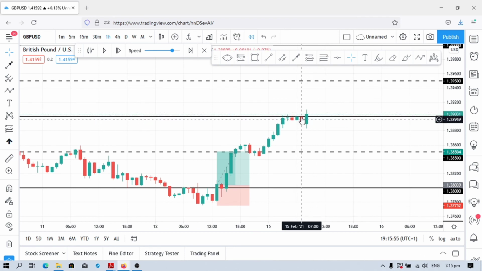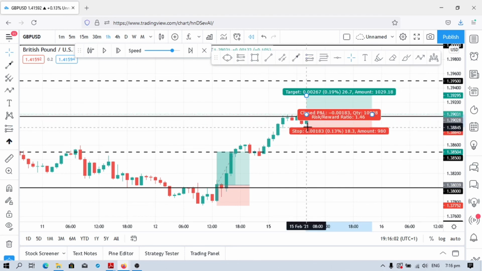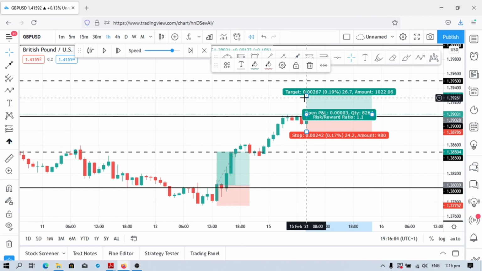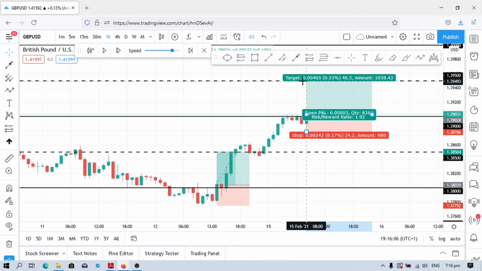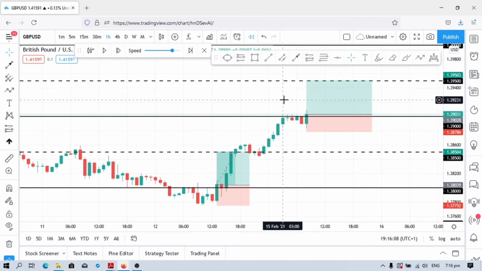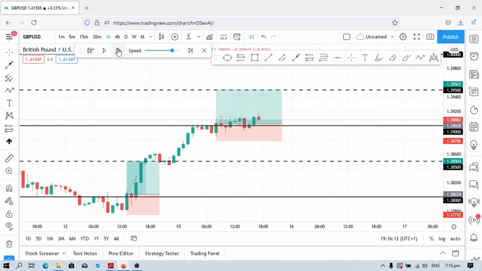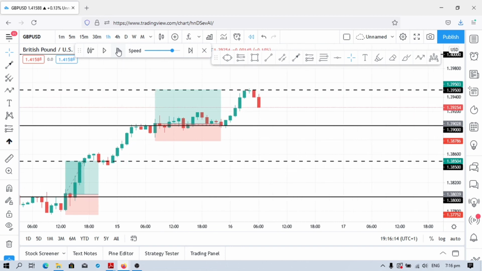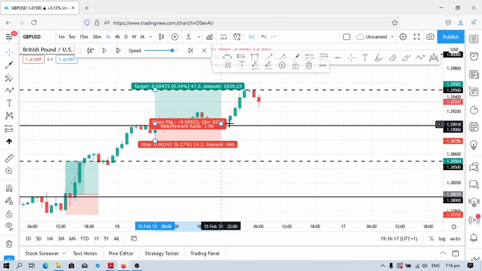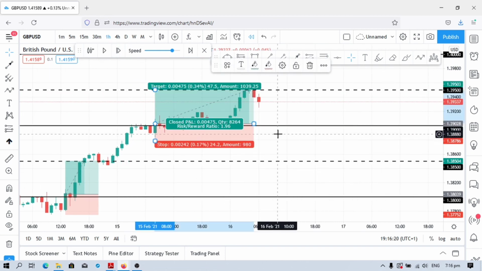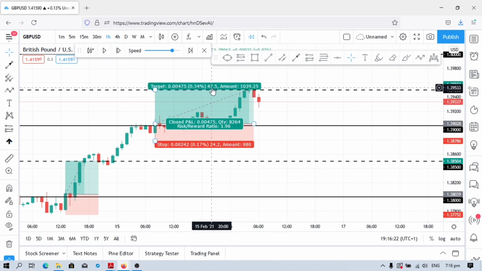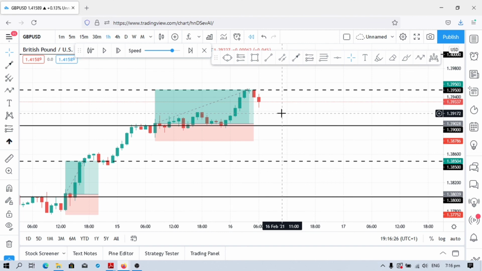So I would take my buy trade over here, my stop loss just below this candle, and my take profit right here at the next psychological level. Good. So take profit hits as well, another 47 pips in the bank.